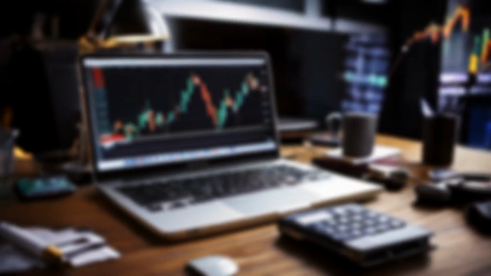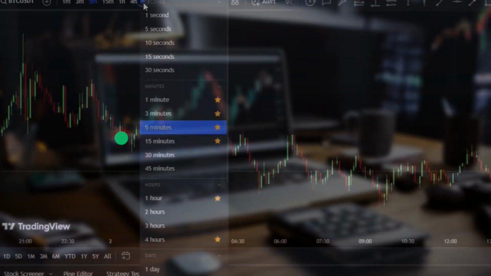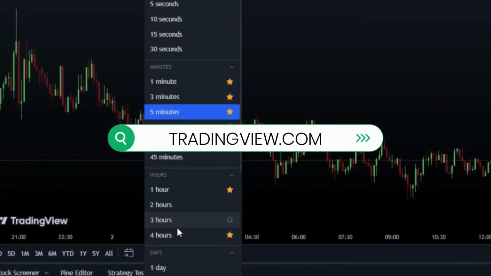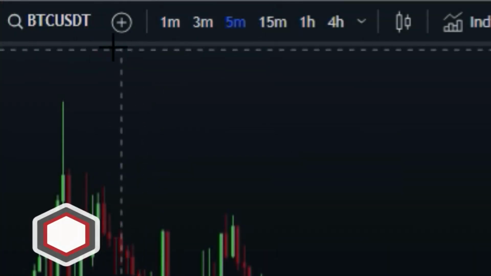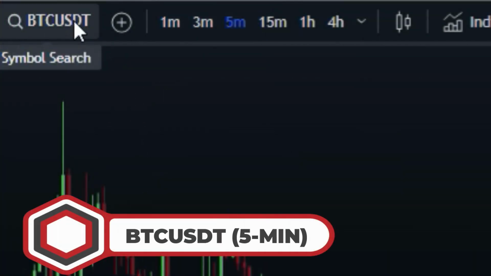So let's get started. We'll be using the handy TradingView platform to showcase this strategy. Our attention will be on the Bitcoin chart set to a short 5-minute time frame.